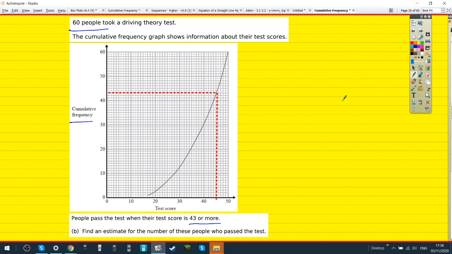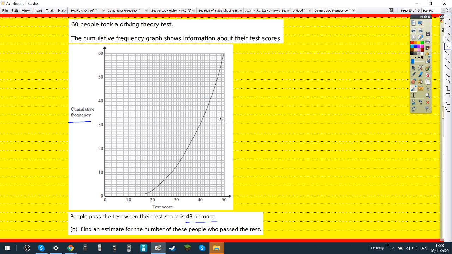Oh, hang on, I did it wrong. The test score is at the bottom, and they got a score of 43. So how many scored more than 43?